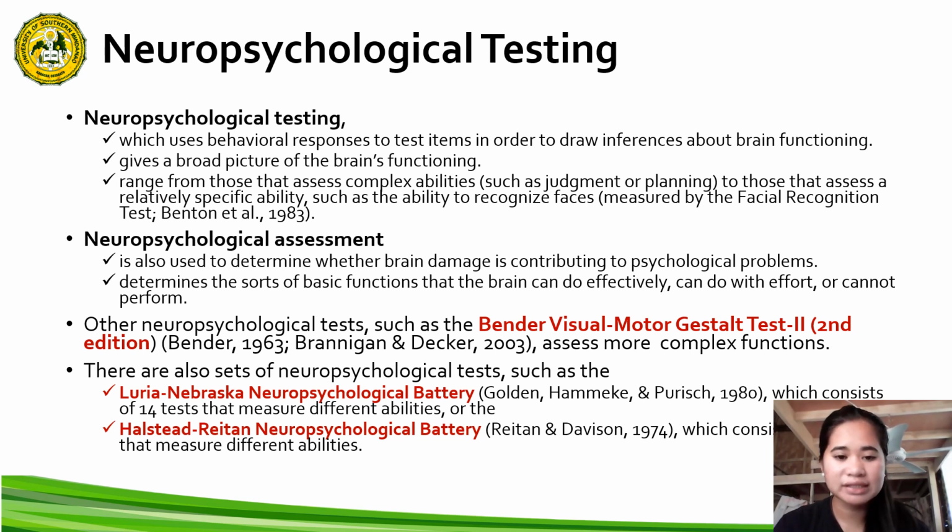To assess neuropsychological functioning, we have the neuropsychological assessment. It is also used to determine whether brain damage is contributing to psychological problems. It determines the sorts of basic functions that the brain can do effectively, can do with effort, or cannot perform.